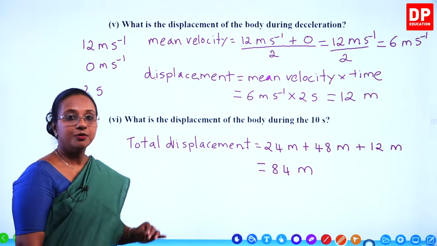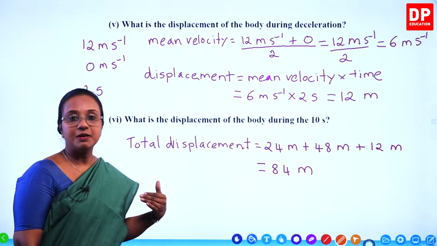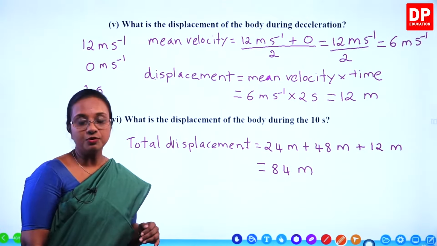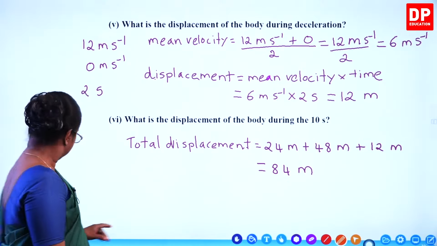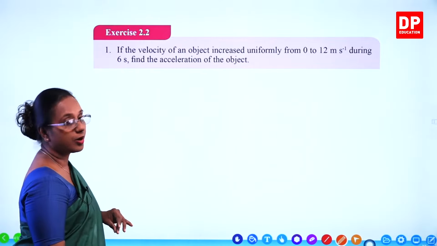Okay, I hope you all have understood this calculation. With this in mind, we will do some more calculations. So some questions from the exercise in your textbook, exercise 2.2.